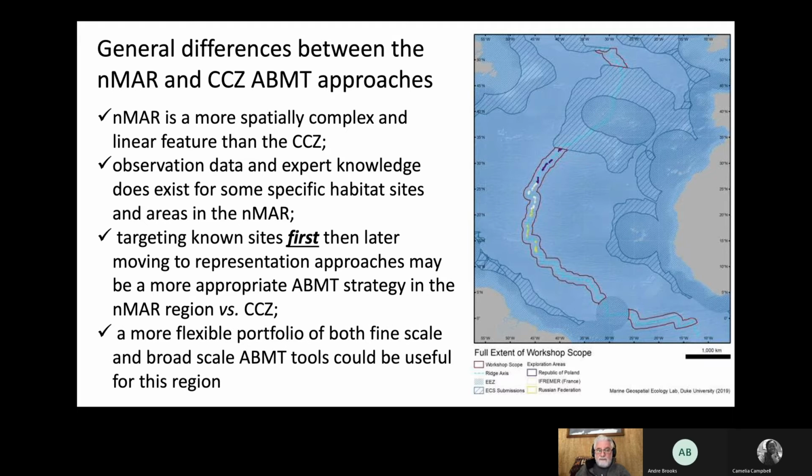And finally, a more flexible portfolio of both fine scale and broad scale tools can be useful in this region, using somewhat different approaches that could be better targeted to the complexity and type of terrain and features encountered.